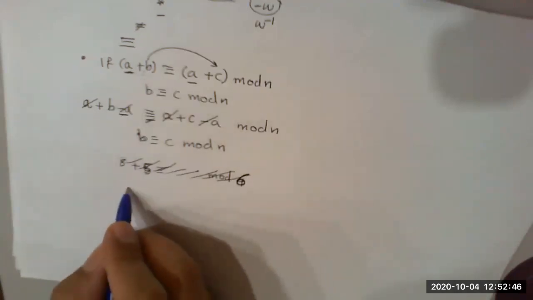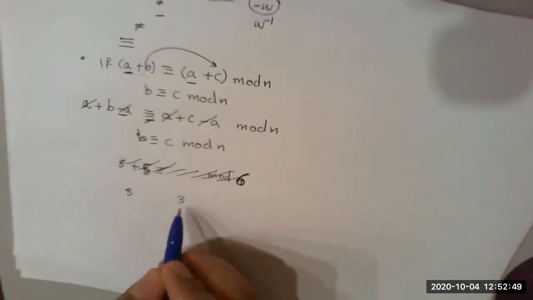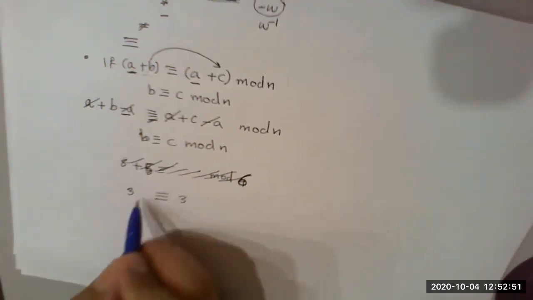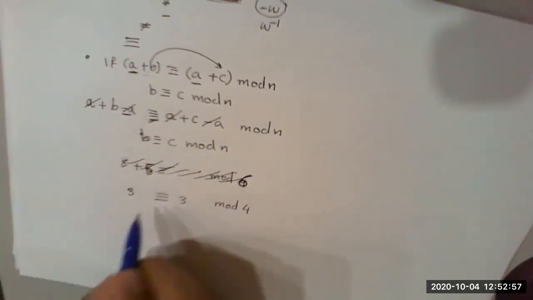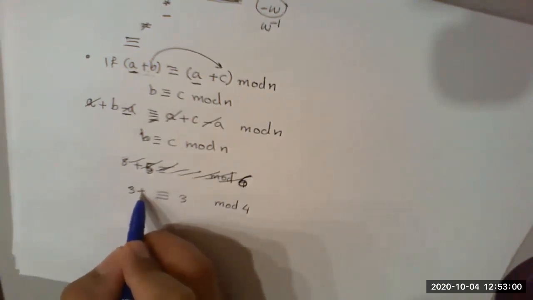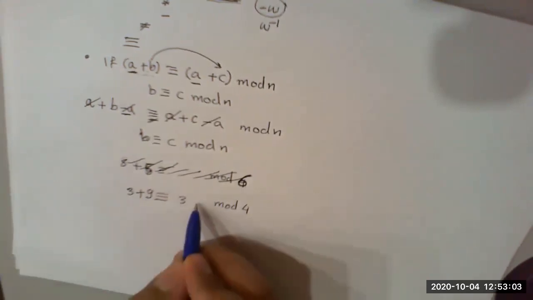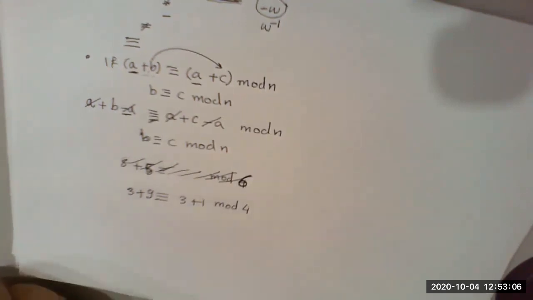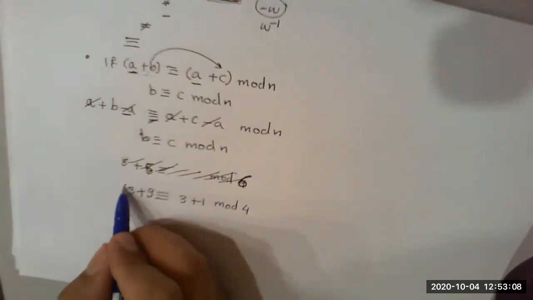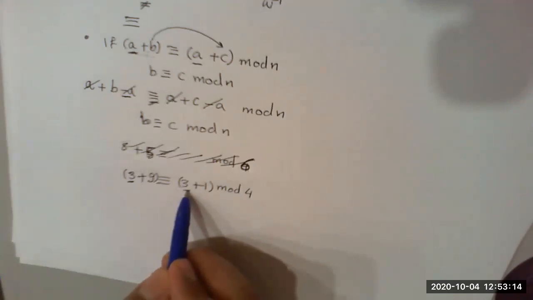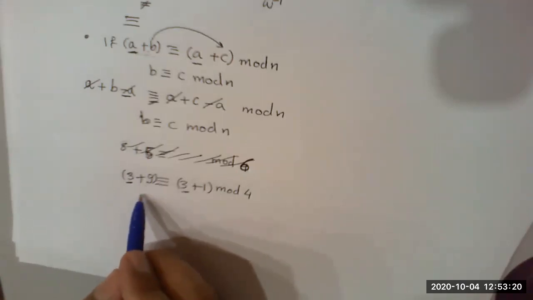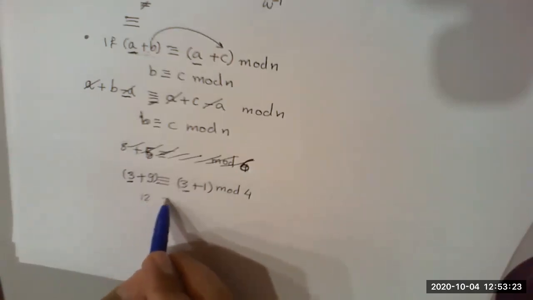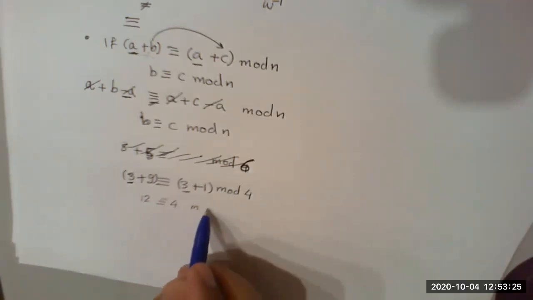Having an example is like trying to inverse the problem, like reverse engineering. So let me take this very simple example: 3, mod 4, and 9, and 1. This is a very good example. Now I have 3 here as a common number. I can get rid of 3 from both sides, because I know 12 is congruent with 4 mod 4.